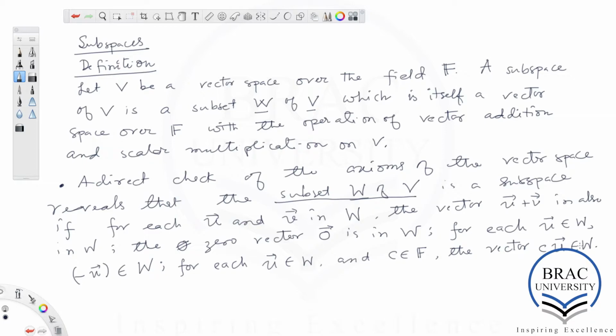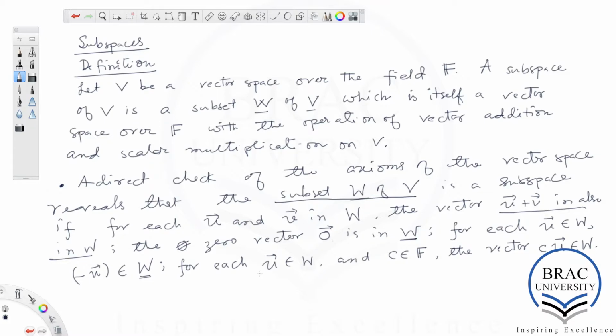Okay, so these things need to be checked. The closure of vector addition, which we write here, the presence of the zero vector in the subset W, and for each vector in W the additive inverse has to be in W as well, and for each vector in W and each scalar C, the scalar multiplication of that scalar with this vector U has to be in W as well.